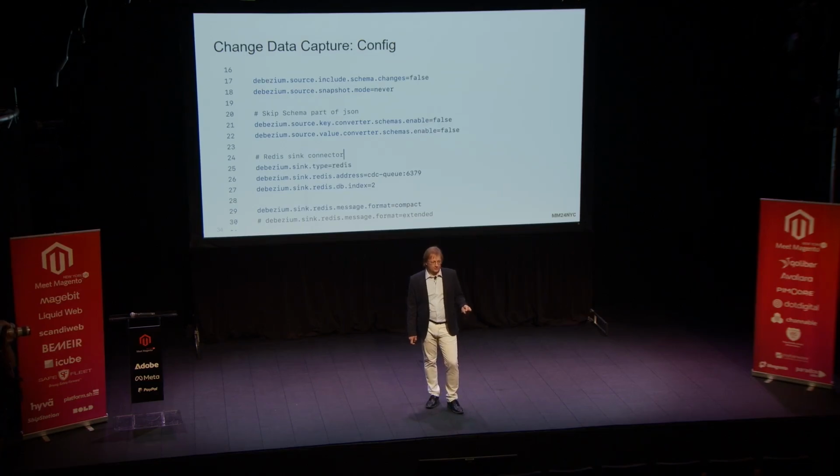We don't need changes for schema changes. And we're dealing with the destination format and the destination. In our case, it's going to be Redis. So if you wish to use, Debezium provides two types of encoding, which is going to be compact and extended. Extended one is great if you wish to look at it within an IDE, what's going on out there.